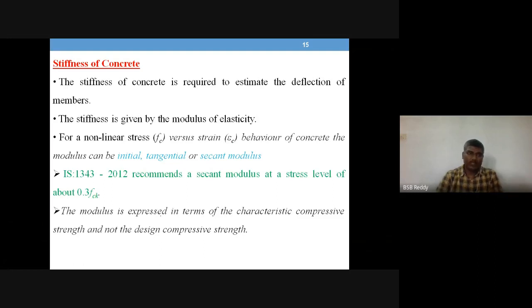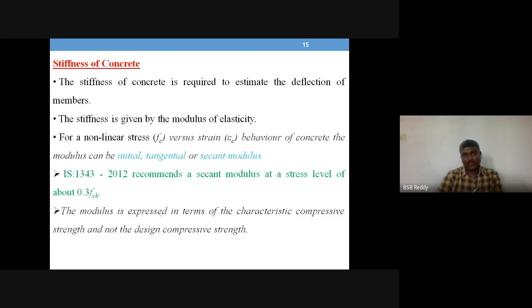Right. Next comes the stiffness of concrete. So what does this stiffness of concrete mean? It is a deformation characteristic. When the load is applied, how concrete deforms, the deflection.